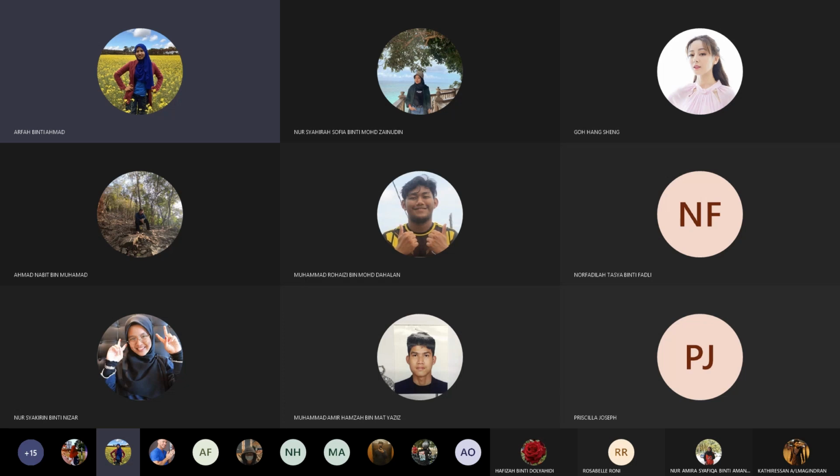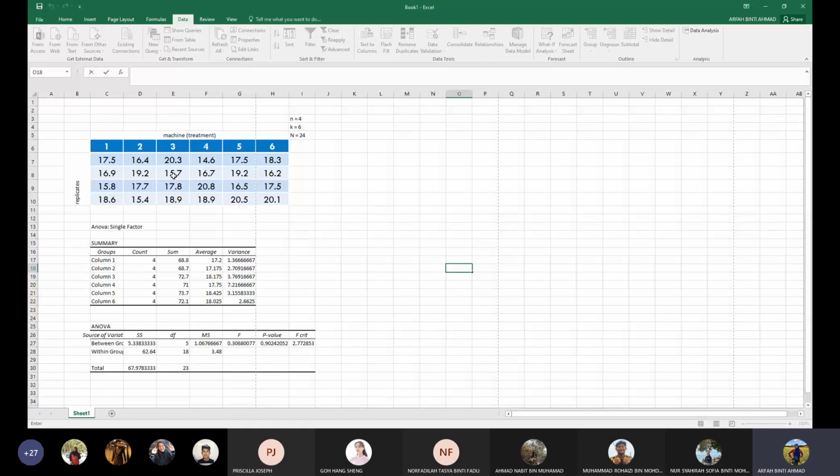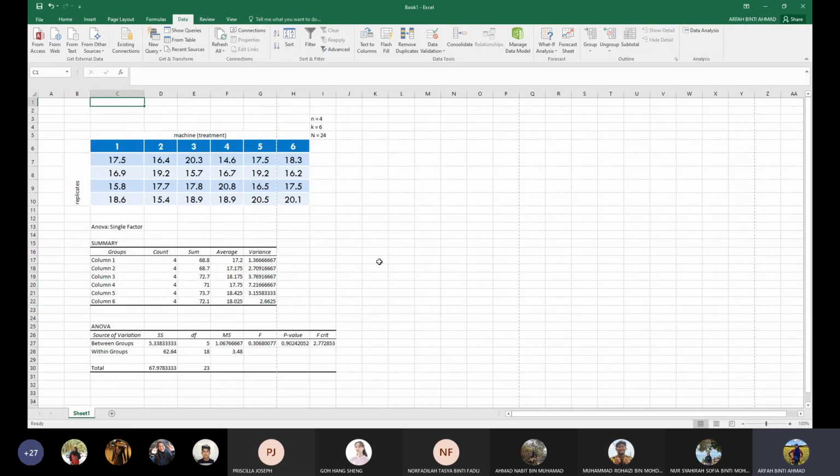You are going to get this one, output dia. So kita nak berminat this one. Machine pertama kolom 1, machine kedua kolom kedua, machine ketiga kolom ketiga sampai kolom yang ke-6. So ini adalah, sebab kita ada 6 machine, so 6 treatment. Okay. Then you are going to get this analysis of variance punya table. Okay. So dapat? Ya, dapat ya? Dah betul kan? Dah. So yang lain dapat?